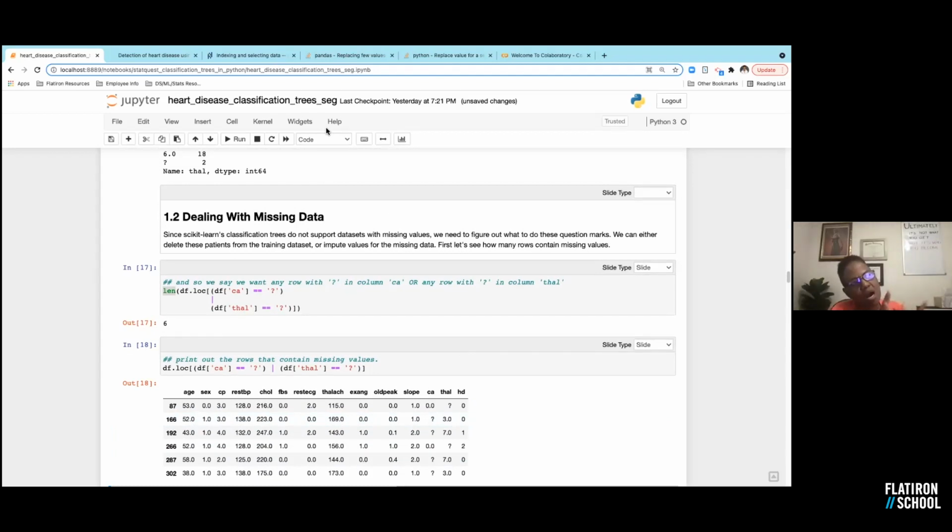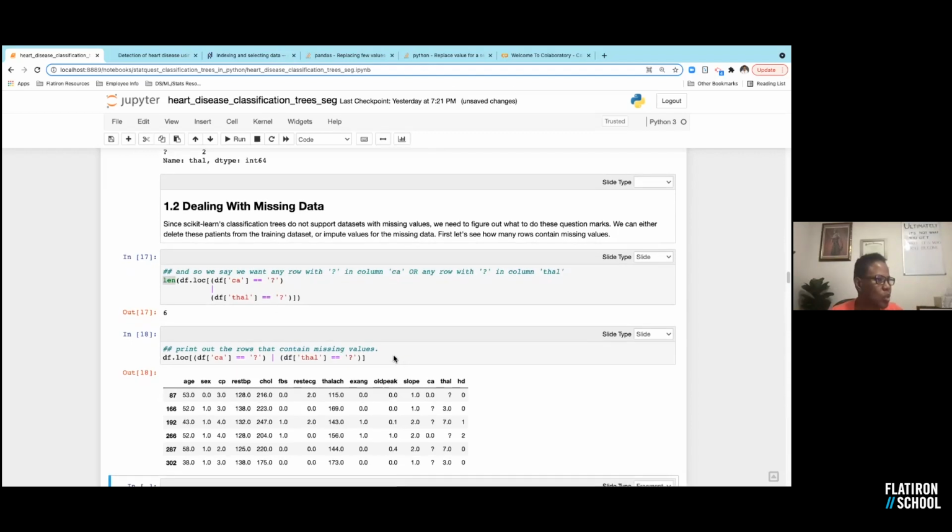The recommendation is that if your missing values or incorrect values are less than 5% of your data set, then it's okay to delete that without any severe consequences. So that is exactly what we're going to do.